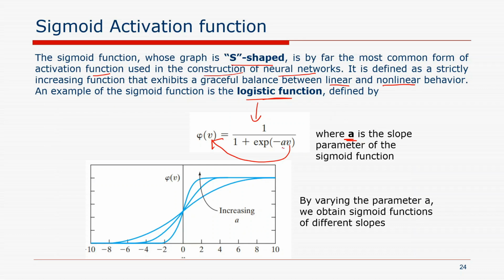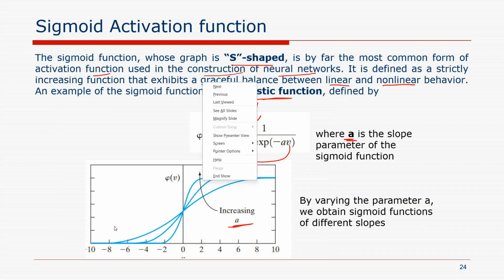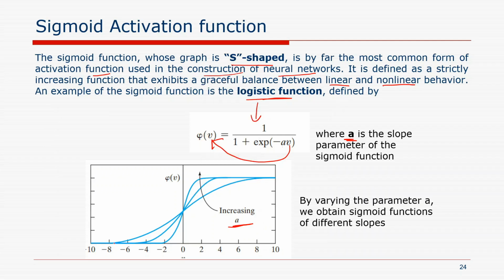Now, depending on the variation of a, the curve will always be S-shaped, but the curve will either come down or go up. Here the case is shown where, if we keep increasing a, the curve goes slightly above. But the output is not squeezing completely to 0 and 1.